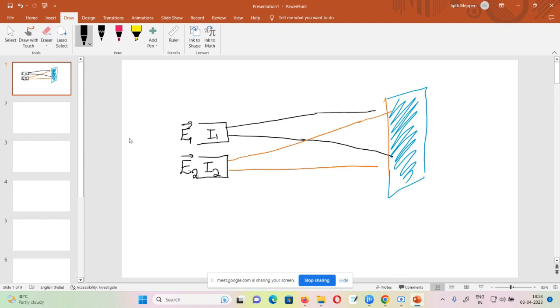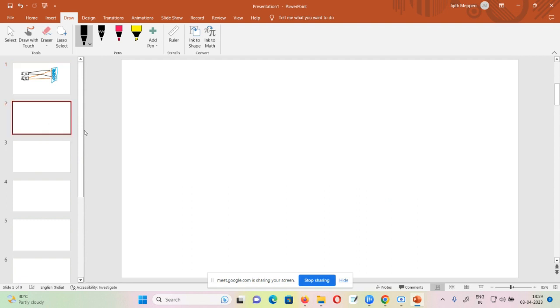Now we can see how we can define it. In terms of a complex quantity, we can write E1 as E1 naught, the amplitude part, times the phase part, exponential of i times (kz minus omega t plus some particular phase factor epsilon 1).